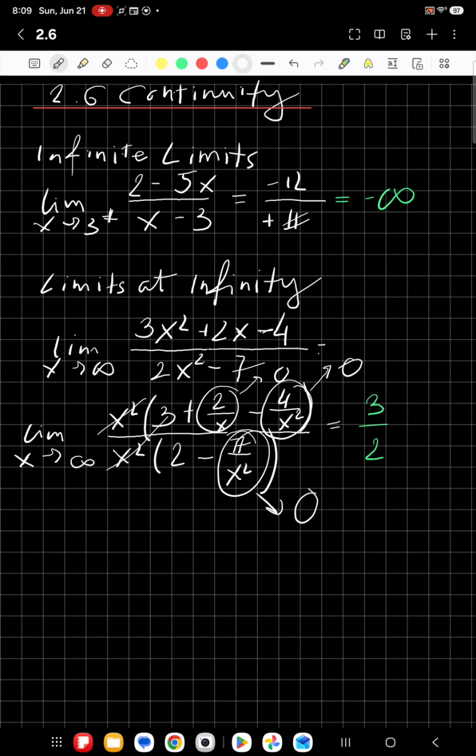Limit with x approaching a certain number c of f of x equals either positive or negative infinity. So if that's the case, then x equals c is the equation of a vertical asymptote.